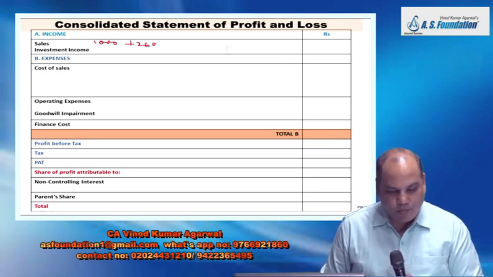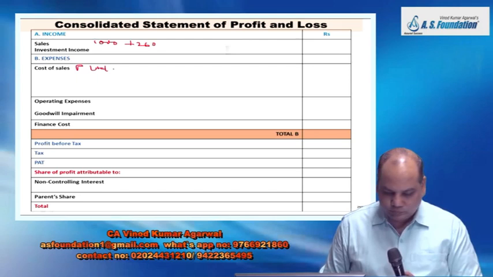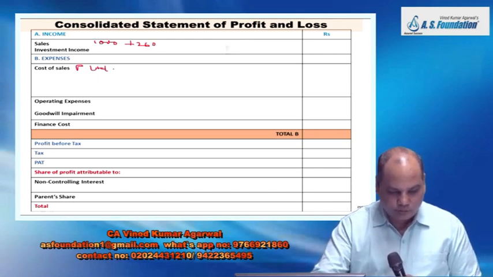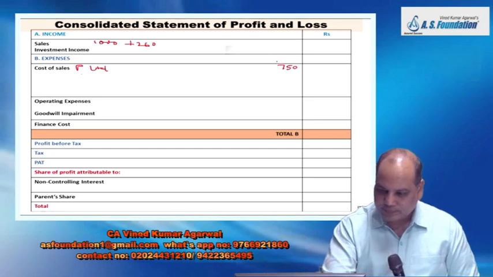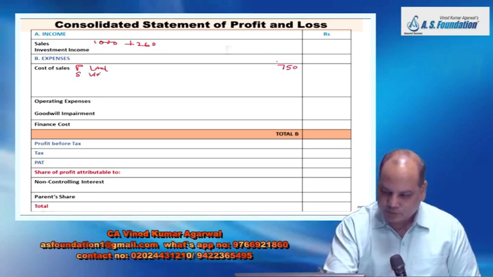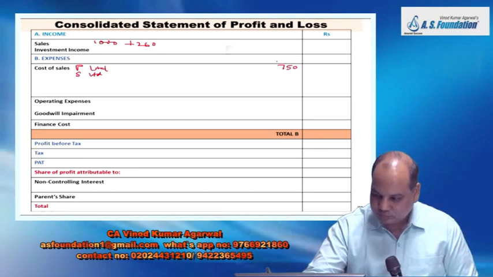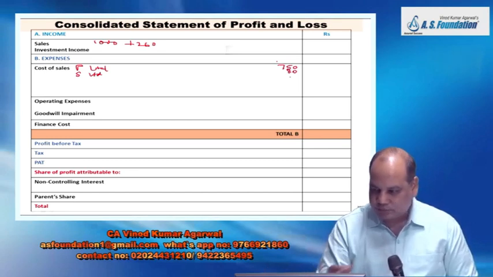Next, cost of sale. Cost of sale P Limited is 750. S Limited 80.